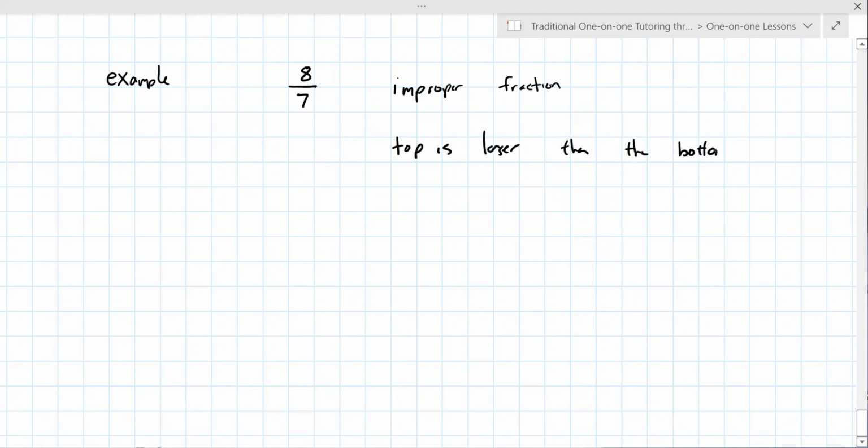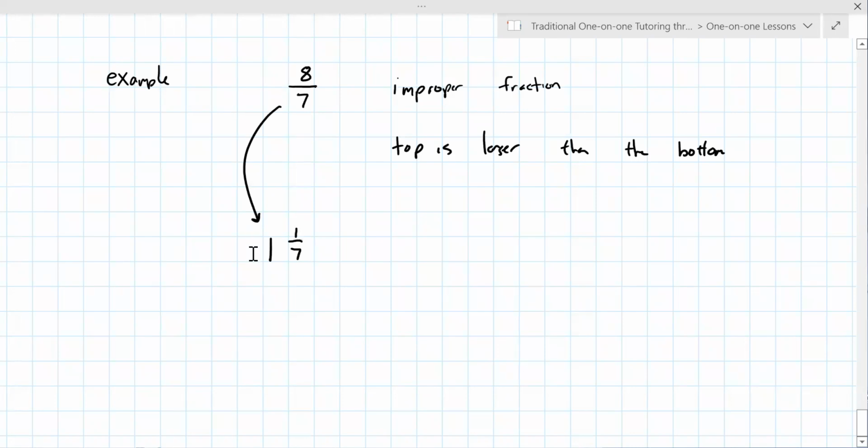That's what makes it improper. Now this fraction can be written in another way. It can be written as 1 and 1/7. Do you have any idea how I got that? No.